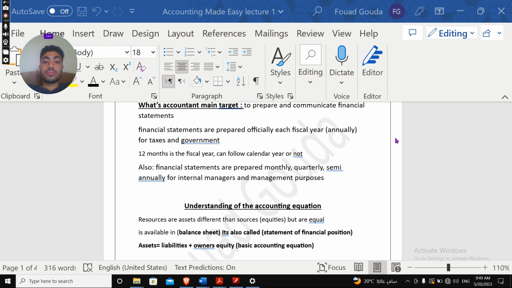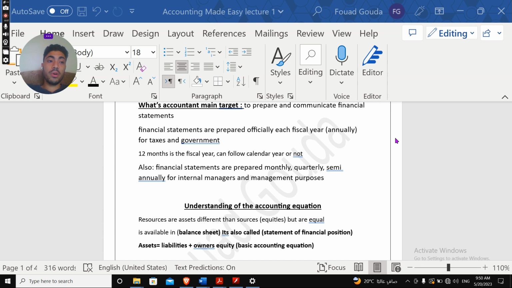According to the calendar year, if I start on the 1st of January 2020 and end on the 31st of December 2020, that means we have a fiscal year.